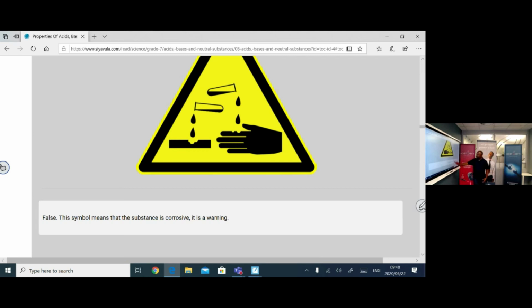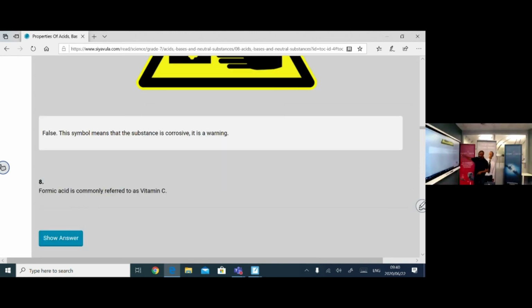This symbol means that that's a corrosive substance. Can you see the corrosive, where it's dropping, it's even eating up. If something is corrosive, it eats up matter. You have done your properties of matter before. Look at what this does to your hands. So it's a dangerous substance.